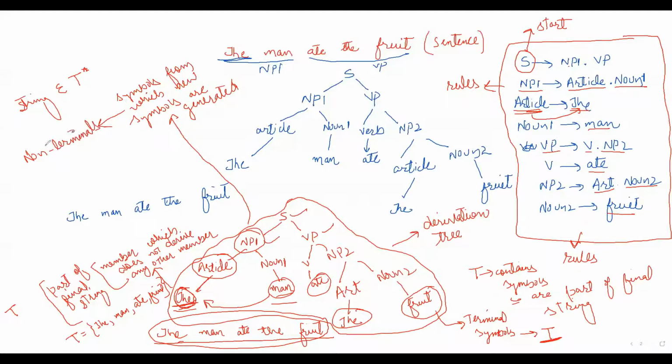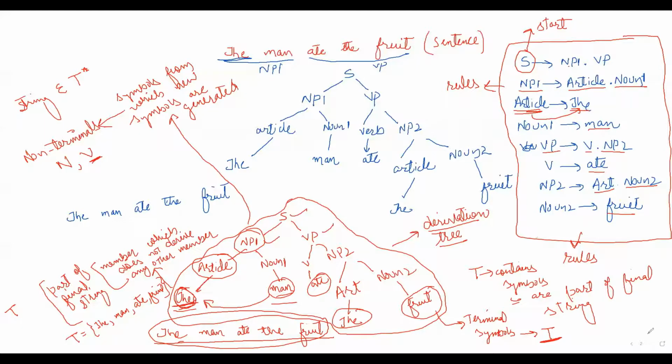They are represented by the N set, or we can say V set. We will mostly use V set because it is the standard, but you can use N set as well. This was a derivation tree for generating this particular string using these rules.